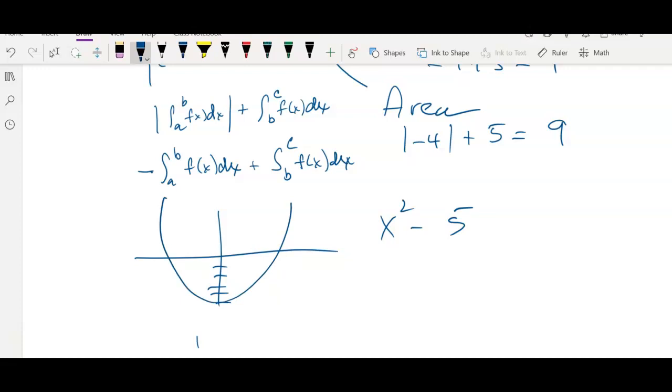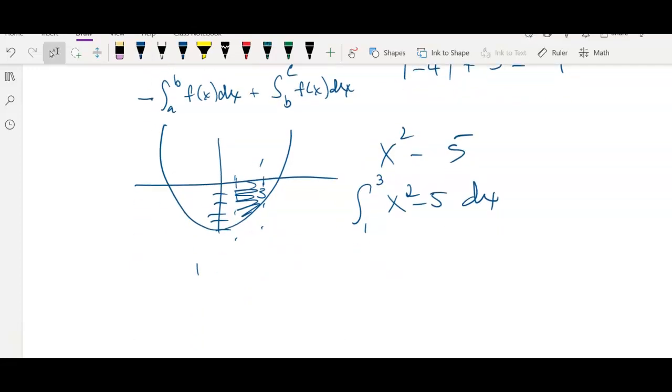So let's do that from 1 to 3. In other words, I want just that area. Does everybody see that? So I want the integral from 1 to 3. Go ahead and calculate that area. Let's calculate. We'll do it together real quick.